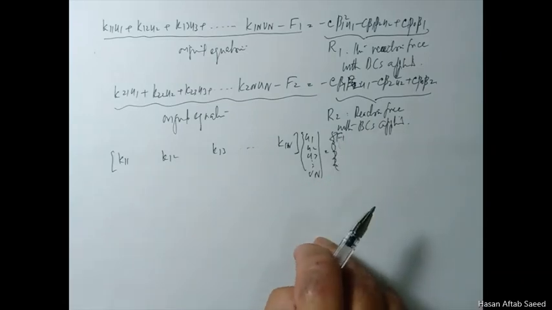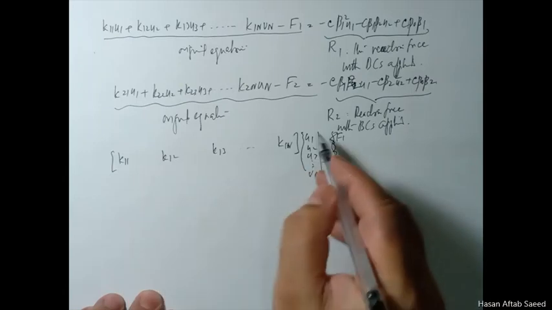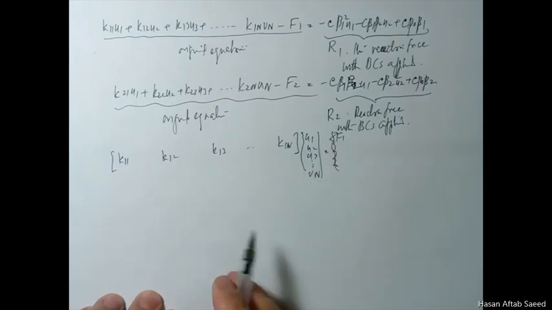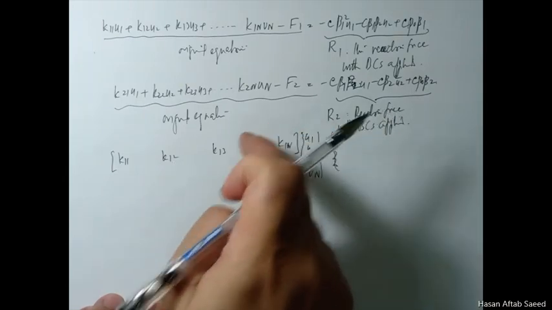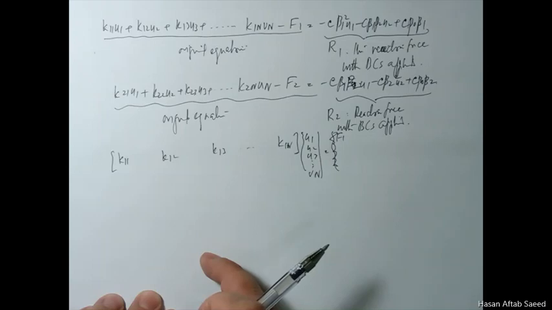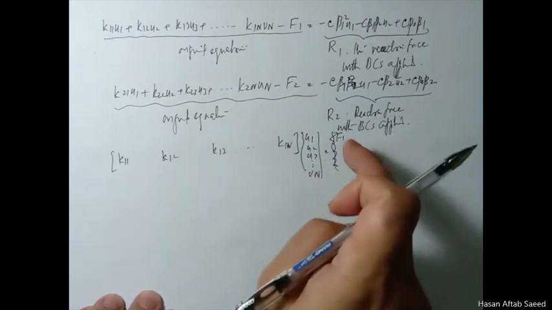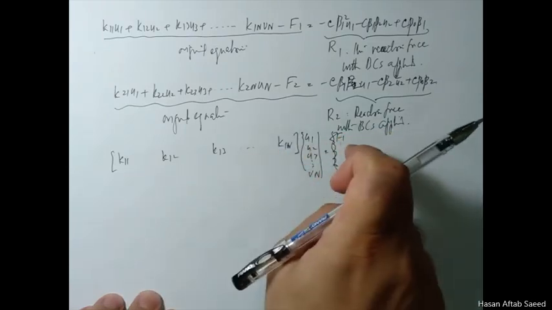This is the first equation: K11 U1 plus K12 U2. Now, if you take F1 from the right hand side to the left hand side, then because this is equal to this, these quantities are the same, right and left hand side.